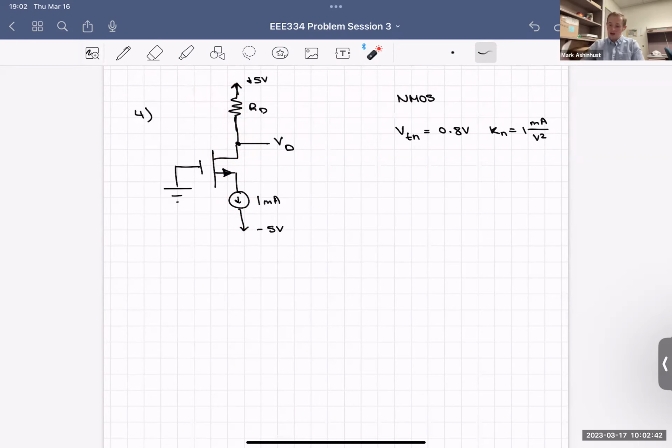So we know what ID is. ID in this question is 1 milliamp. That was given to us. That's awesome. But that's because this was tied to ground right here. That would change, but for the sake of this problem, that's correct. So we'll continue on with that.